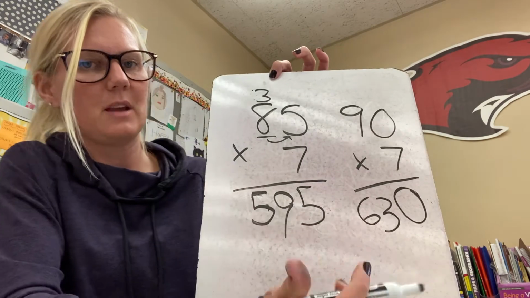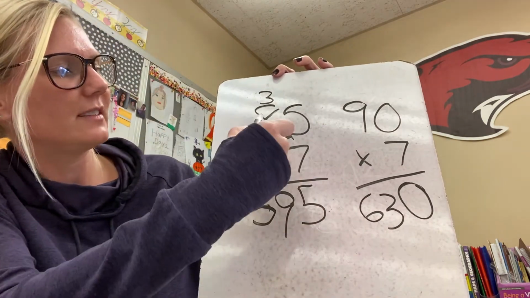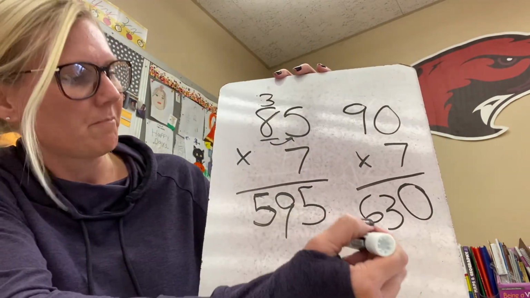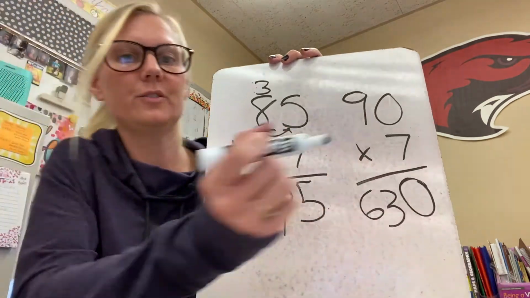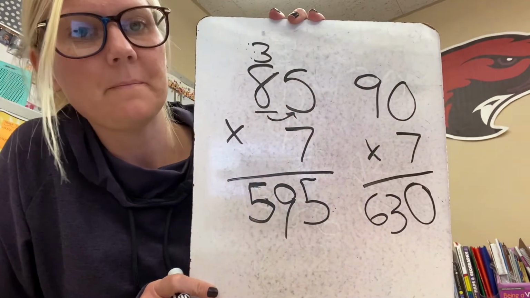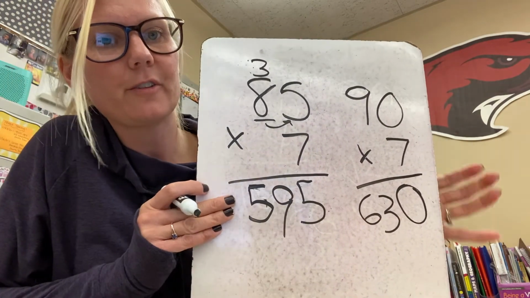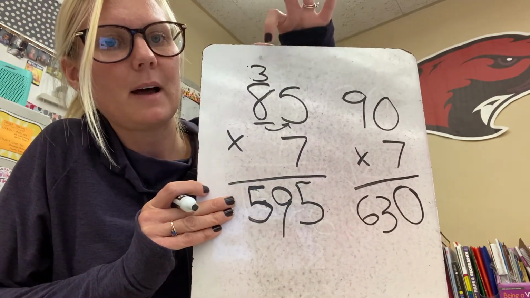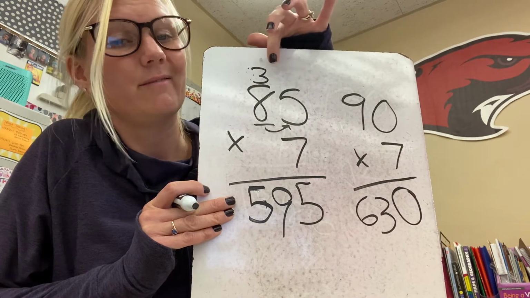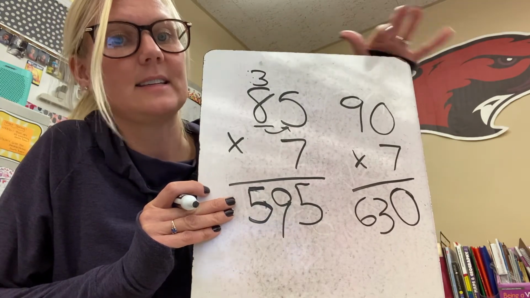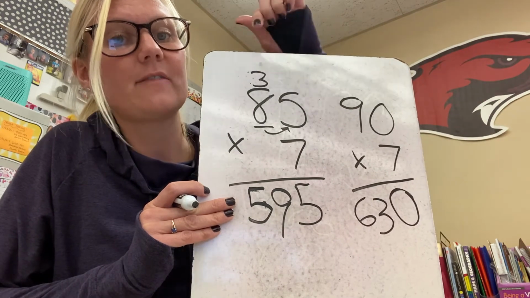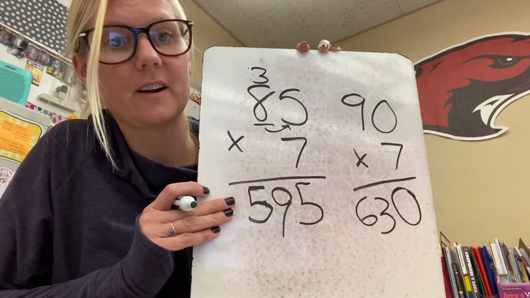Let's just double check and make sure I didn't do something wrong. 56, 57, 58, 59. Okay, all is well. So on this one, our answers are a little bit farther off, but also keep in mind that 85 is 5 lower than 90. So when we take 90 times 7 versus 85 times 7, there is a little difference there, okay?